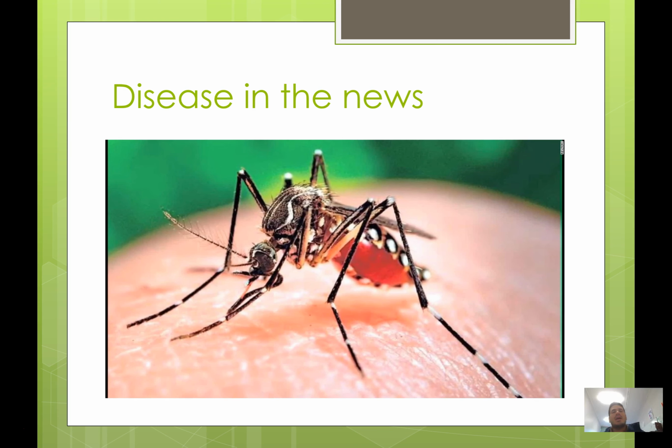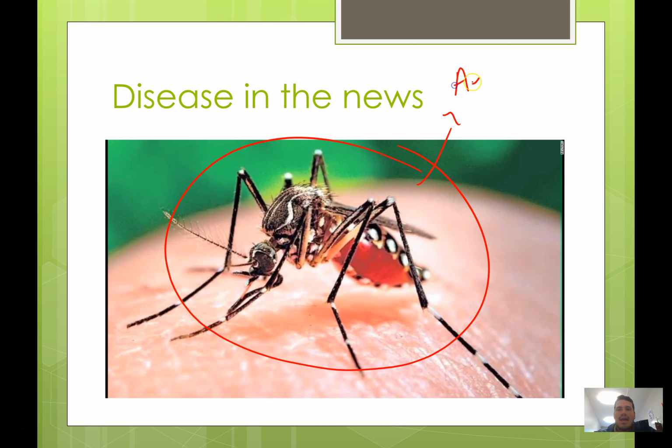Okay. So that Zika virus that we're talking about, it actually gets transmitted by this specific mosquito. If you click this picture, it actually has a link to a news story about this mosquito and the Zika virus. And this mosquito is called the Aedes aegypti mosquito.